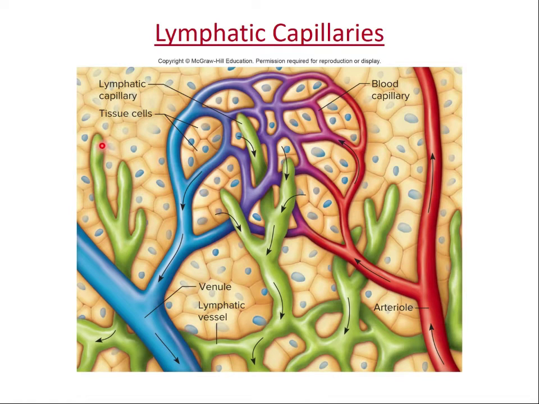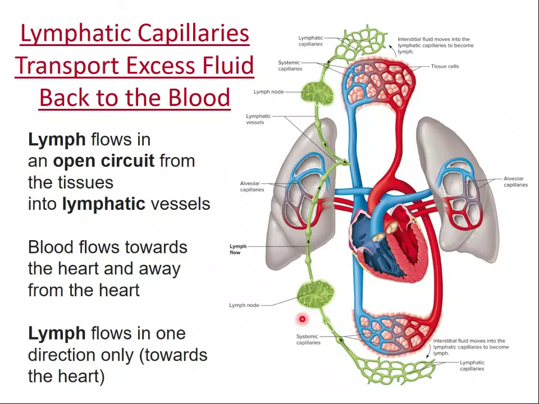Lymph vessels start at this interstitial space around the capillaries, and again, if there is any excess fluid that's in this space, it will be picked up by the lymphatic vessels. It will go through these items known as the lymph nodes, and they will be brought back into the vein that will then bring it back to the heart. So any excess fluid will be brought back this way.